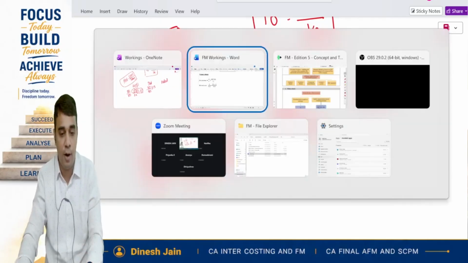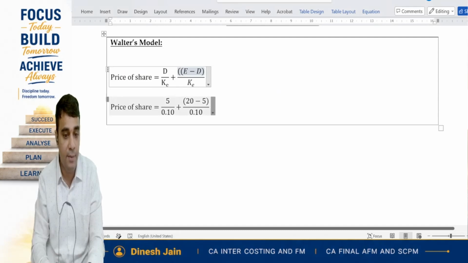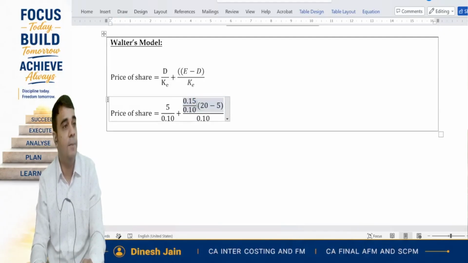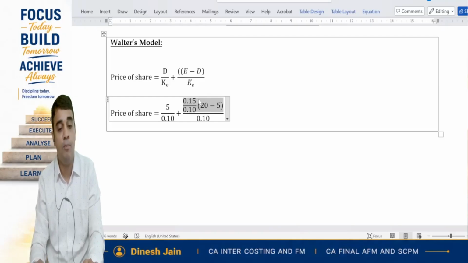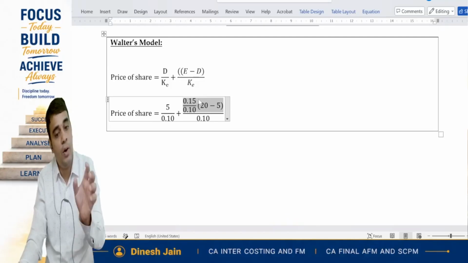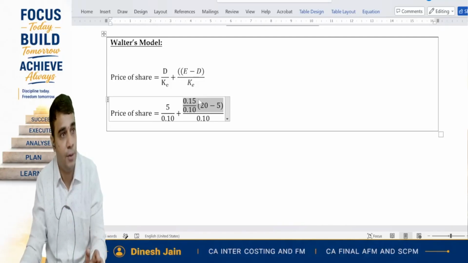In this formula, 20 minus 5 can have a multiplier, let's assume 0.15 by 0.10. Mathematically, this part of the formula will become more than 15, and value improvement will happen automatically.